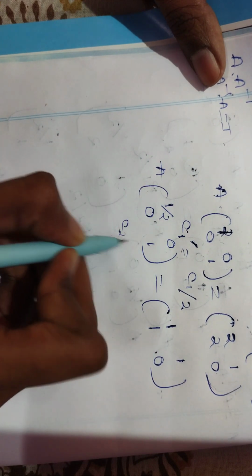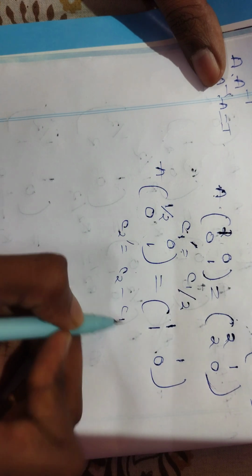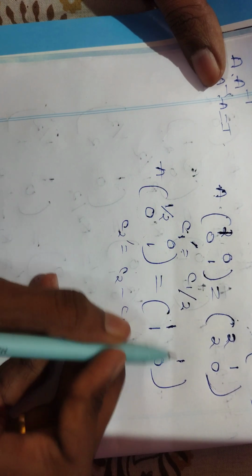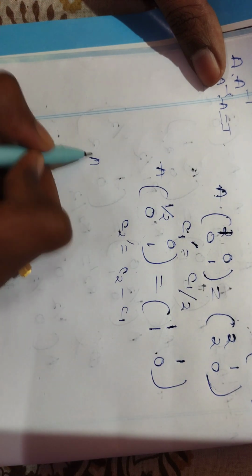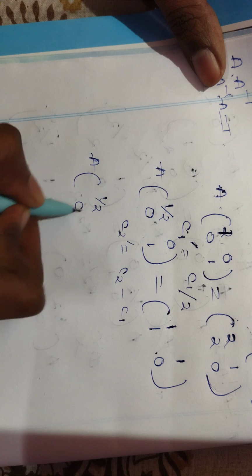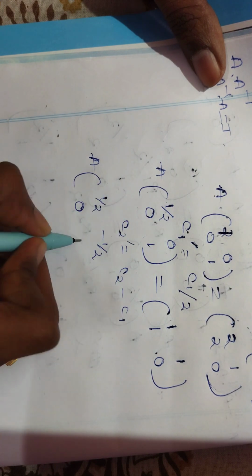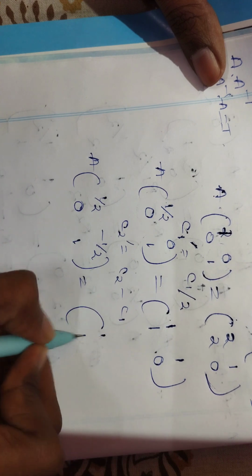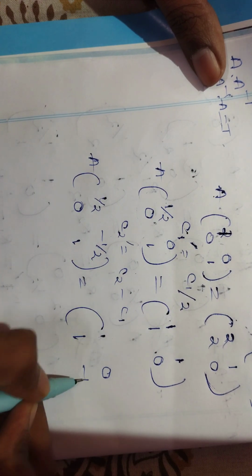So column 2 dash, the transformed column 2, will be column 2 minus column 1. 1 minus 1 makes it 0. So half and 0 as it is, column 2: 0 minus half, that is minus half, and 1 minus 0, that is 1. So 1 1, 1 minus 1 is 0, and 0 minus 1 is minus 1.